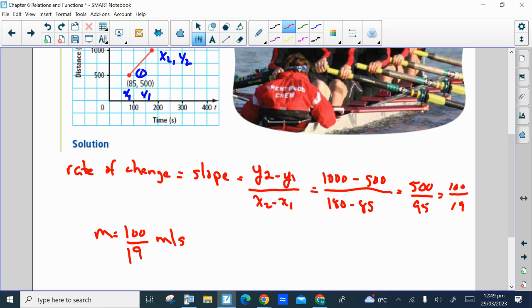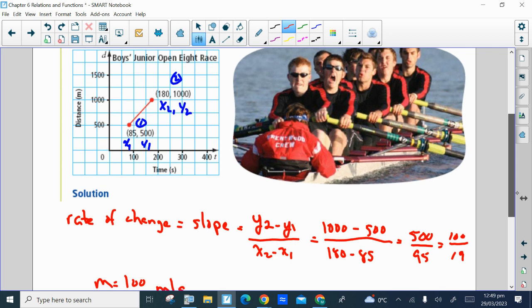Because the rise is the distance in meters, the run is the time in seconds. So it's meters over seconds or meters per second. That is the average rate of change. That's what you get when you join 2 points together. You're getting the average rate of change from one point to the next. And it comes from actually finding the slope. Right?